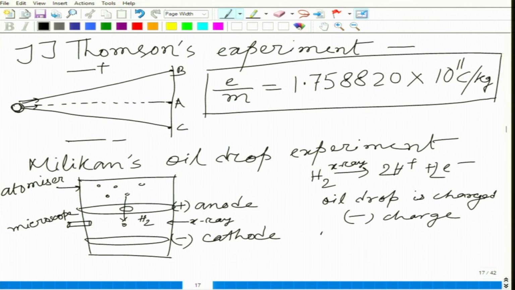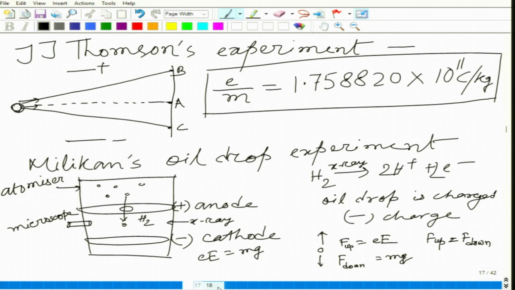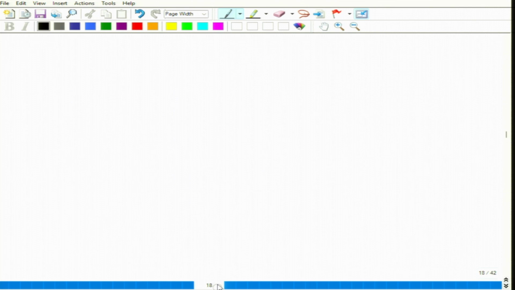The upward force acting on the oil drop is F upwards equal to EE, and the downward force is of course the gravitational force, mg. By fine tuning, when F upwards was brought equal to F downwards, that is EE became equal to mg, then we got separate values for the charge and mass of the electron.